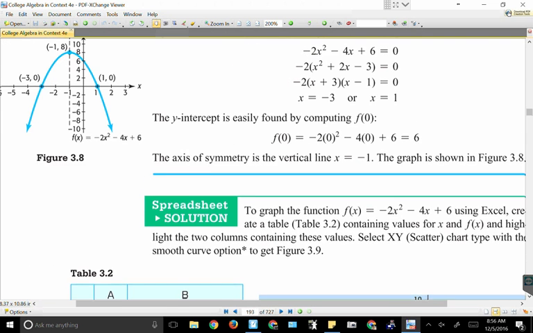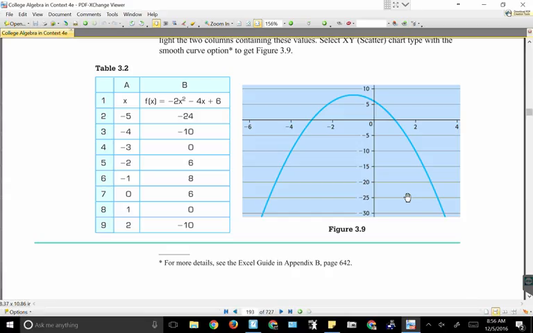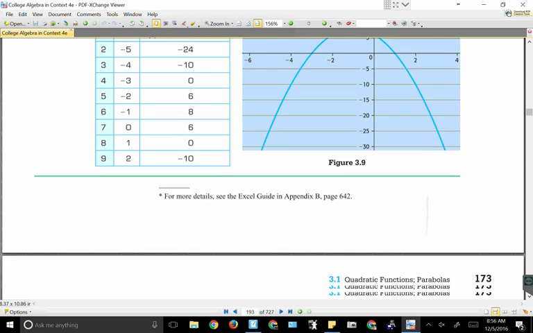They talk about a spreadsheet. Now, is it possible to put this stuff on a spreadsheet? Well, most definitely. You end up having to create a table with the numbers on it. Spreadsheets are fine if you don't have a graphing calculator, that's one possibility. Okay?